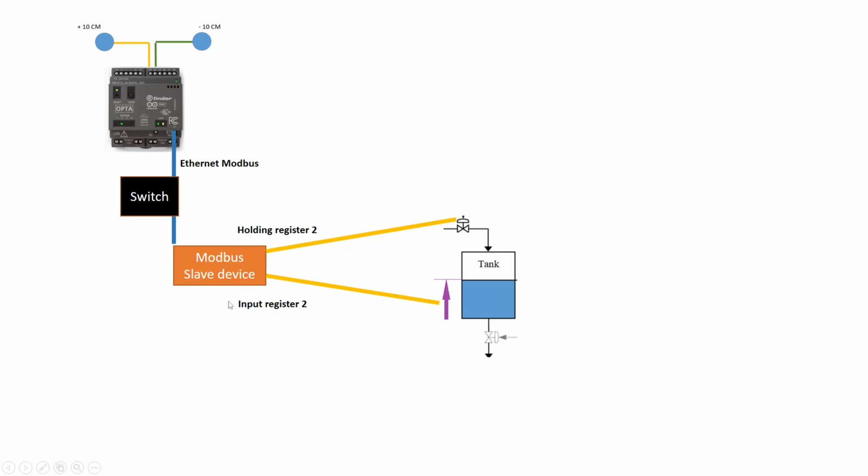We have a register which stores the read value of the height, and we have a holding register where we can write the target value for opening the filling valve. So we just need to manipulate these two registers to and from the Arduino Opta. We will read the height and we will write the value that we want on the filling valve.